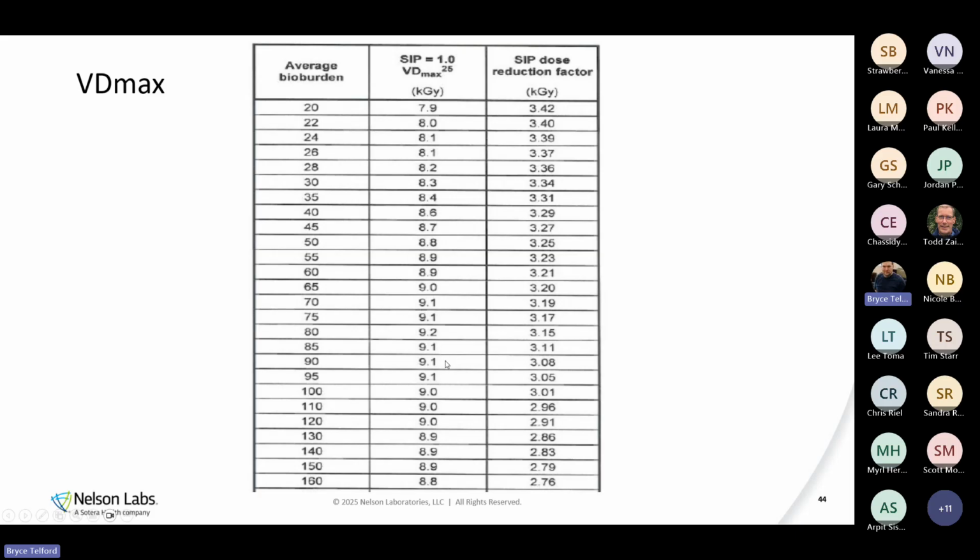But that applies only up to this 80 CFU, then my dose actually starts going down. So the way the table works, sometimes I'm making things worse for myself if I overestimate the bioburden, and sometimes I'm biasing myself towards passing. So with recovery efficiency, it's not always best to use the lower recovery efficiency, because that could potentially be seen as giving yourself a higher verification dose than you would otherwise have.